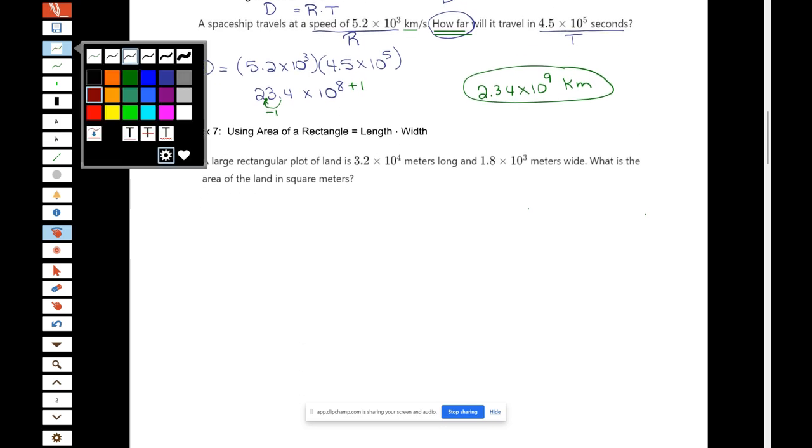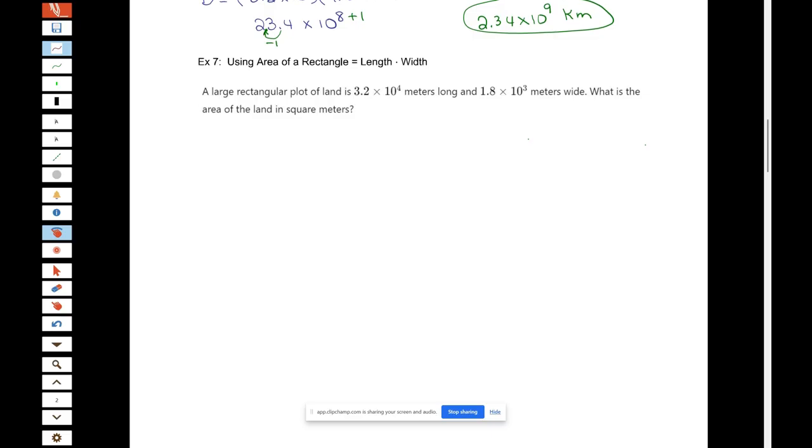The second and final example here is using that the area of a rectangle is the length times the width. A large rectangular plot of land has a certain length, because it says long, and a certain width. What is the area? So length is 3.2 times 10 to the fourth.